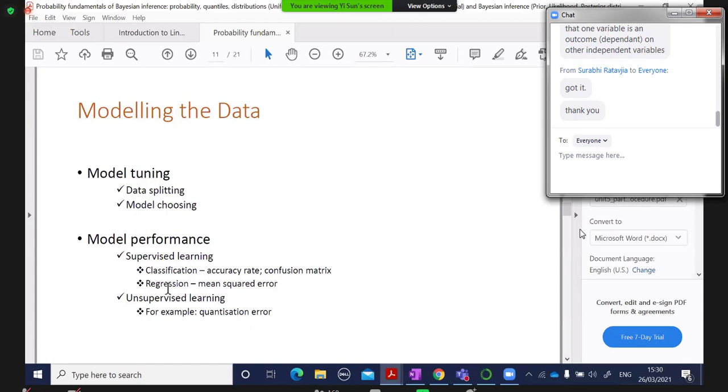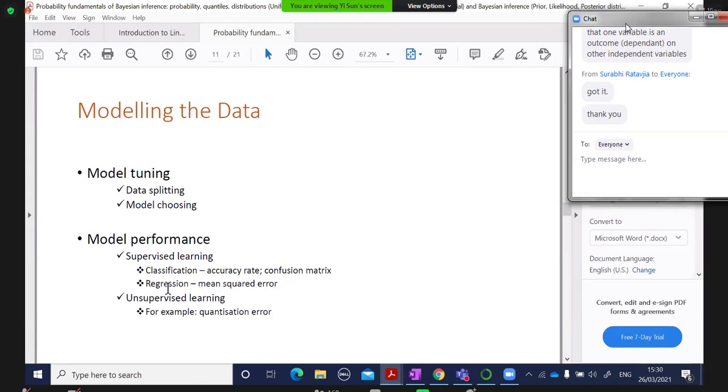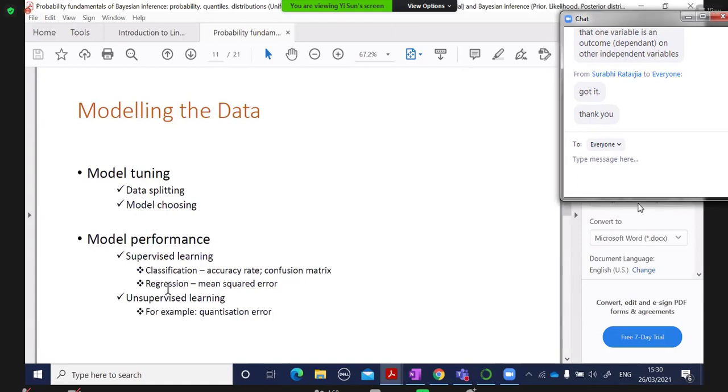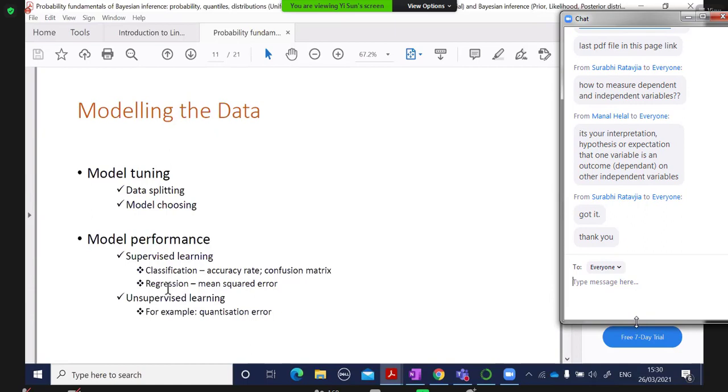In this step, we are not only fitting and choosing models, we are also implementing mathematical performance metrics in order to quantify the models and their effectiveness. For supervised learning and unsupervised learning, we have different performance metrics to use.